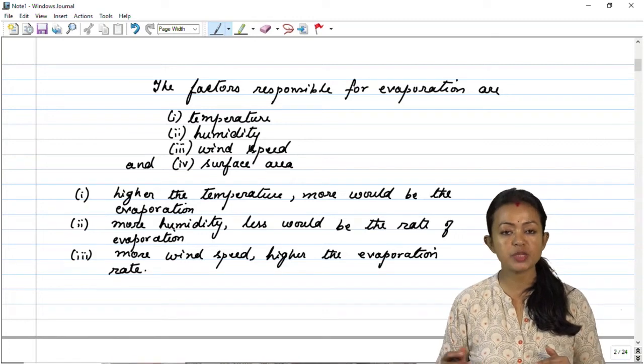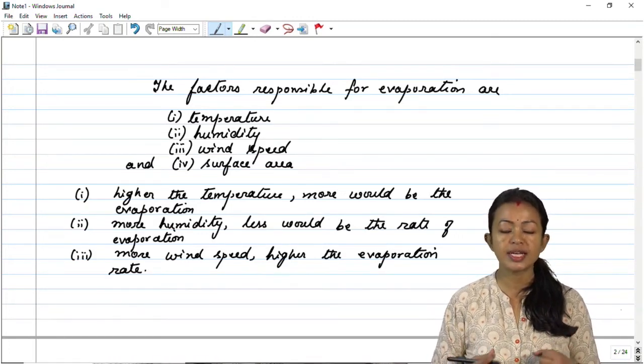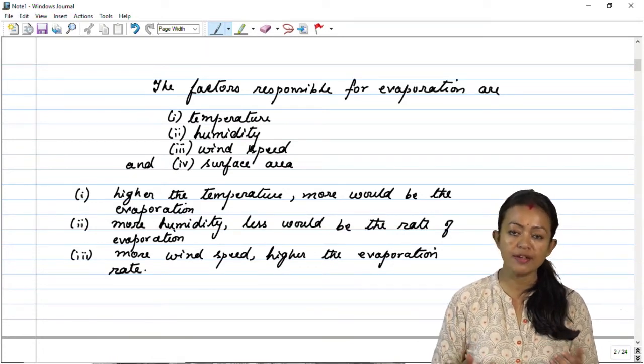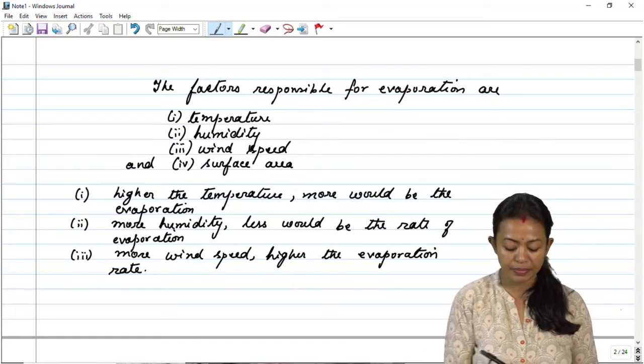So the higher the wind speed, the more energy it gives. It will enforce the water molecules to get converted from the liquid state into the vapor state, and thus we see that the rate of evaporation increases.